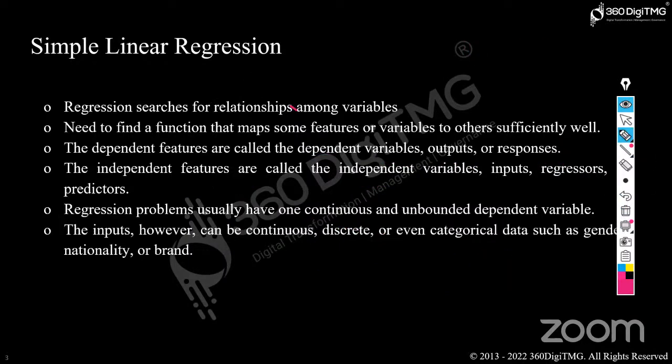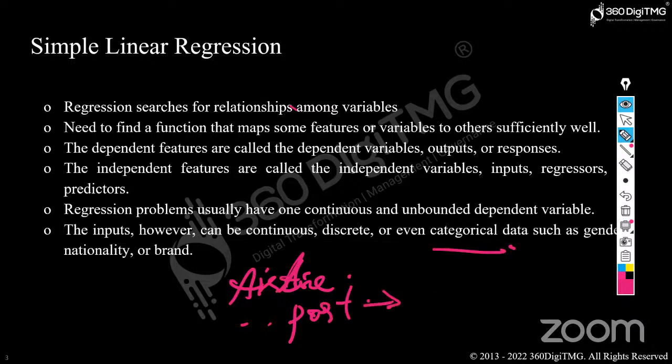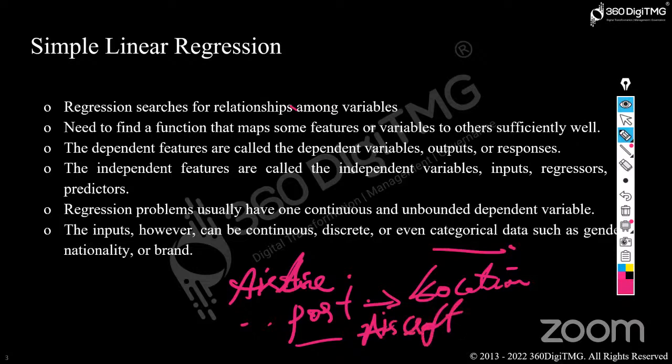However, your independent variables can be continuous, discrete, and even categorical, like the airlines, the ports, locations, aircrafts, basically the brand.